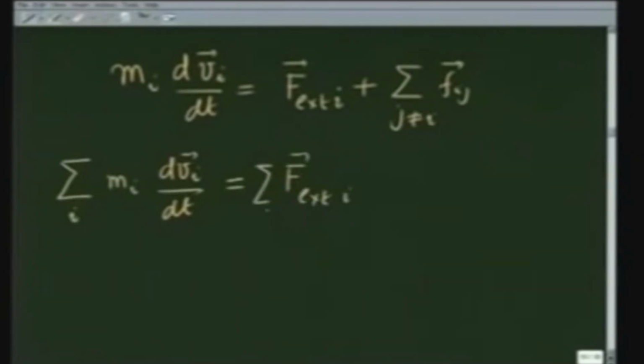To see how all the particles move together, I sum over i, so that I write this equation as summation over i of mi dvi/dt equal to summation over i of F external i plus summation over i, j, with i not equal to j, of Fij. This is a generalization of the formula previously written for the two particle system.